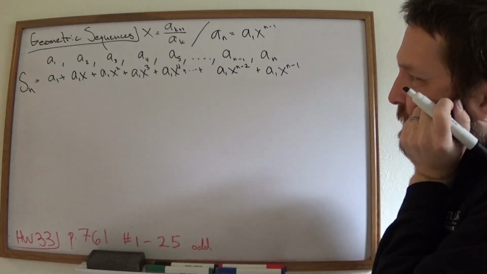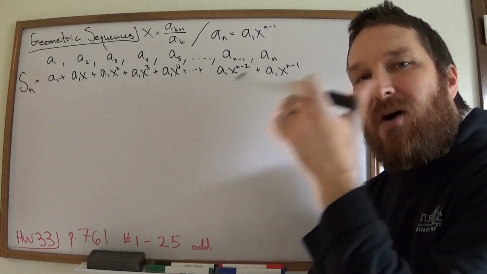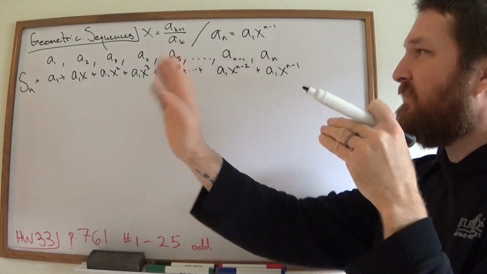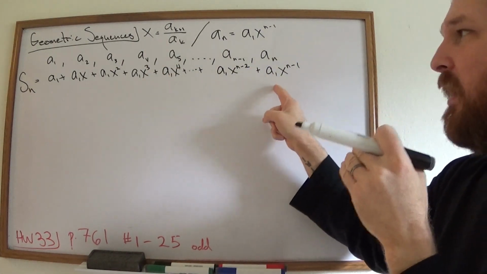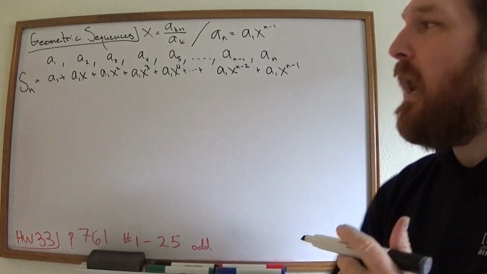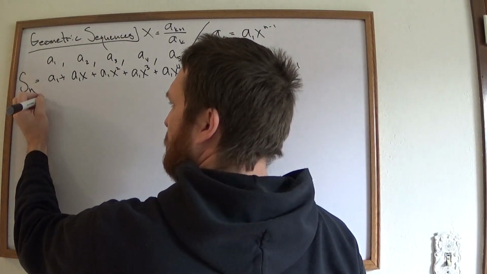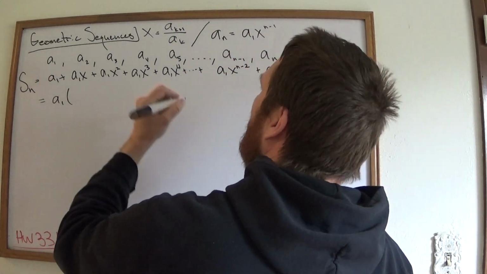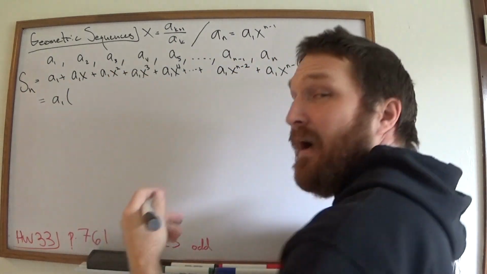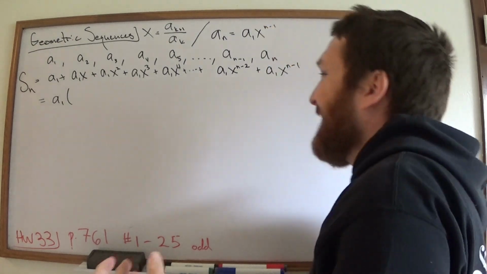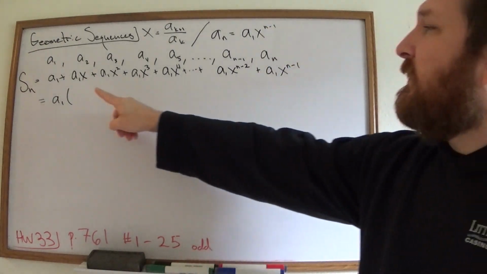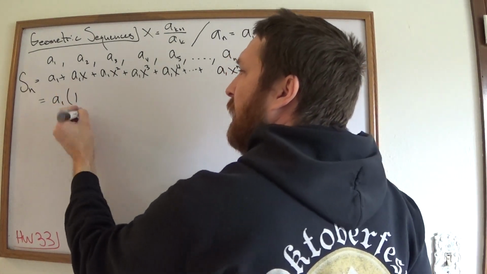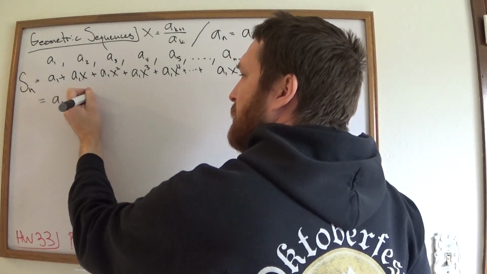The first thing to notice is that there is a constant number in every single one of these, and it's A1. So that means we could factor it out. Let's do that, because we want to try to wrap our minds around this. Maybe there's an easier way of writing it. And so what happens when I factor that out? Well, I'm left with a 1. Then I'm left with an x.